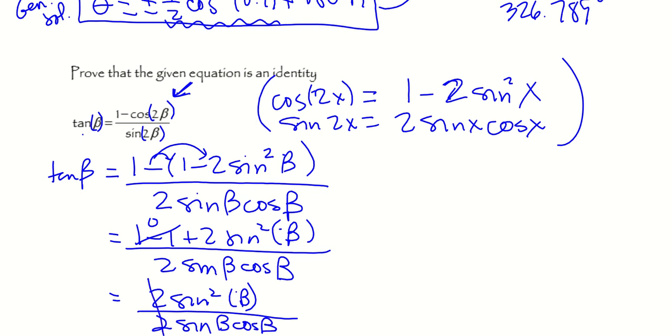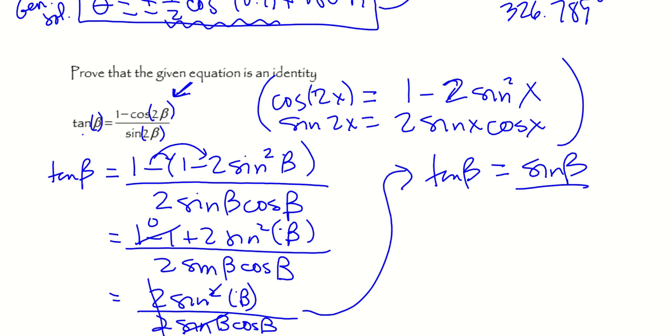My 2's divide out, one of the sines divides out, and I'm left with a sine of beta over a cosine of beta. By our quotient identity, that is exactly the tangent of beta, and we have proven that identity.